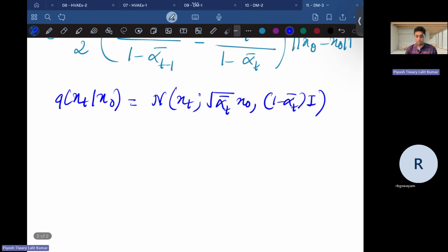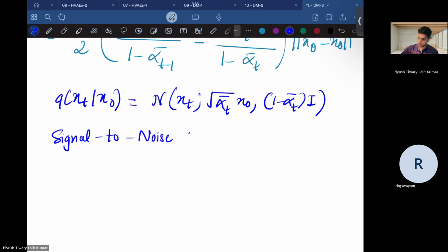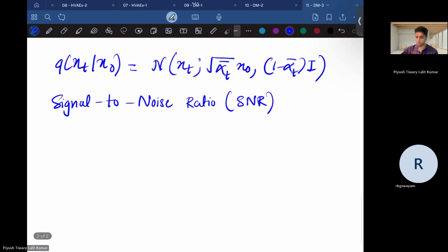Okay. In this case, we can define signal to noise ratio. If you are from an electrical engineering or signal processing background, you know this is SNR.